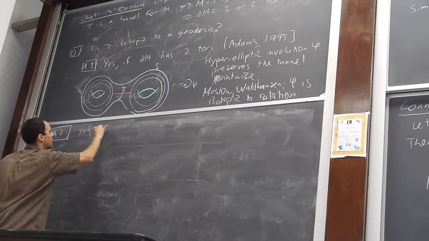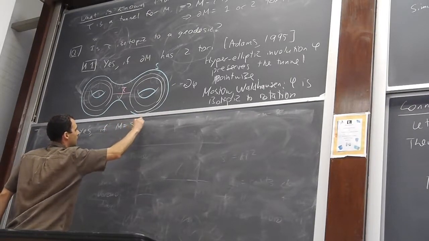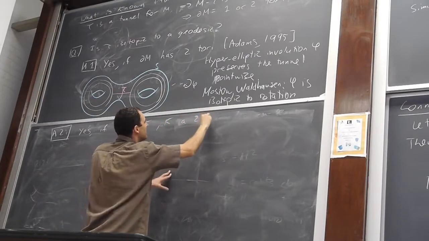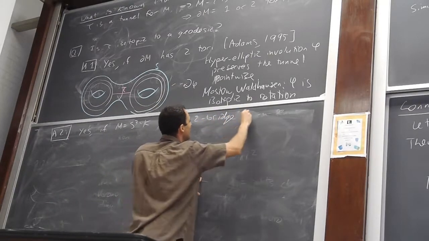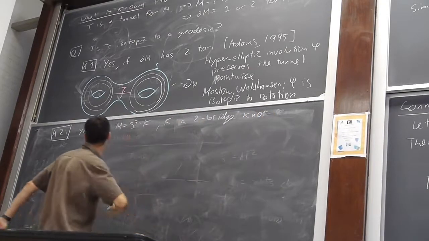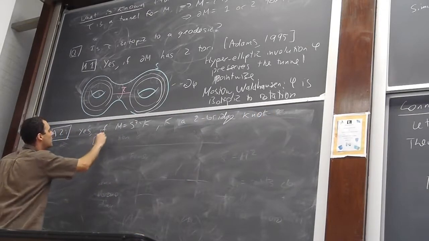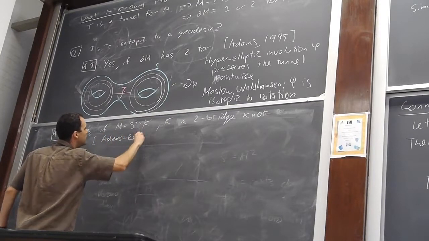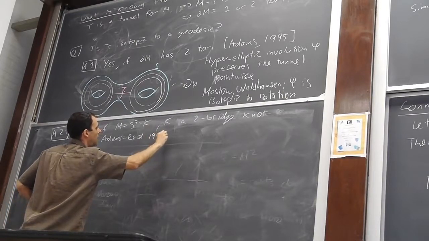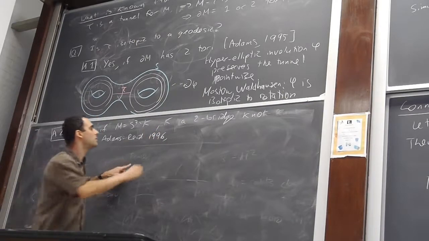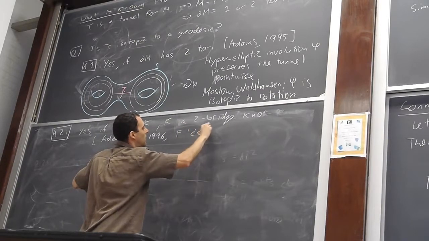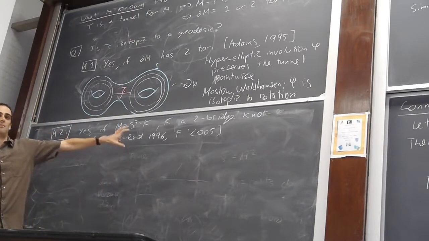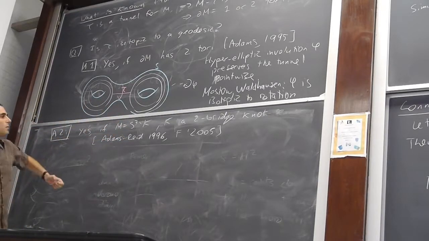So yes, if M is a complement of a 2-bridge knot, this is due maybe in pieces to Adams and Reid, '96 for some of the tunnels, and I worked it out for the rest of the tunnels. But really, it should be seen as kind of a very old result.